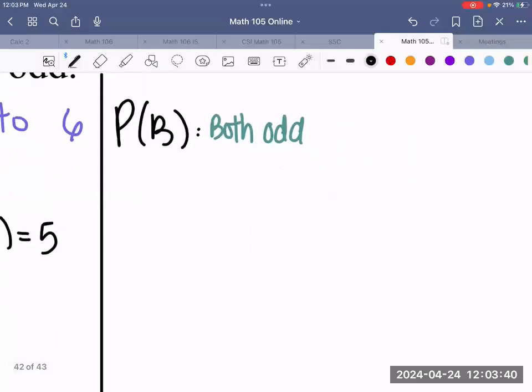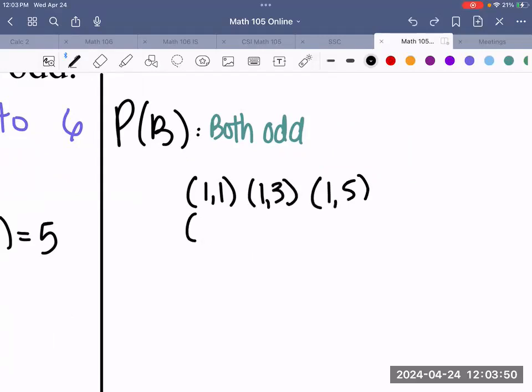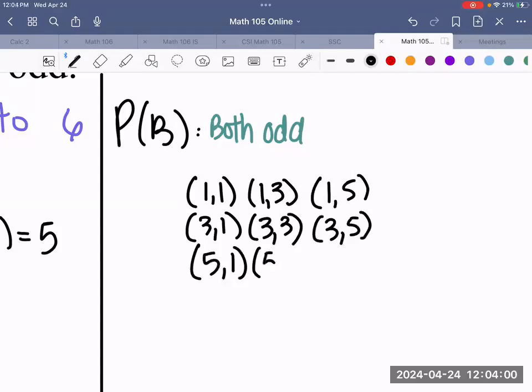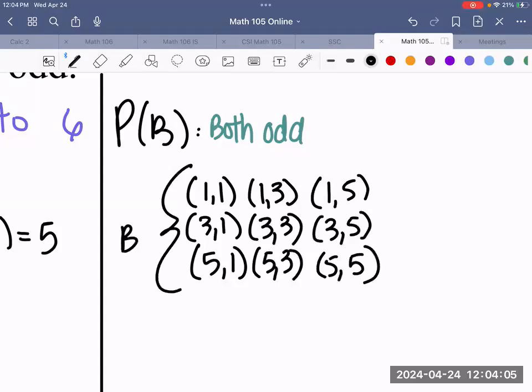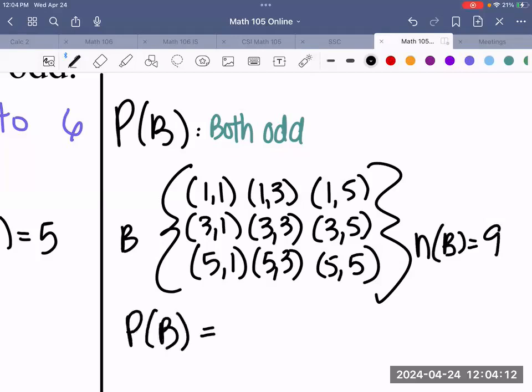So B is just 1 and 1, 1 and 3, 1 and 5, 3 and 1, 3 and 3, 3 and 5, 5 and 1, 5 and 3, and 5 and 5. This is B. So how many in B? B is 9 again. So the probability of B is 9 out of 36, or again, 1/4.